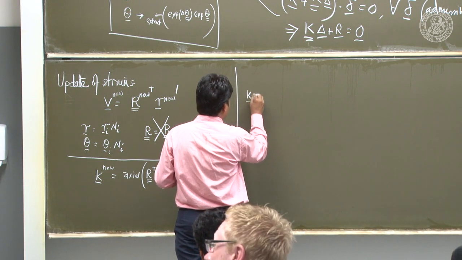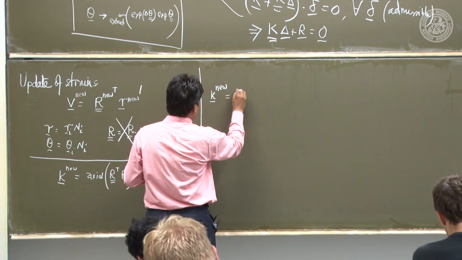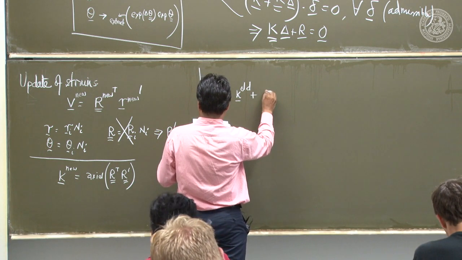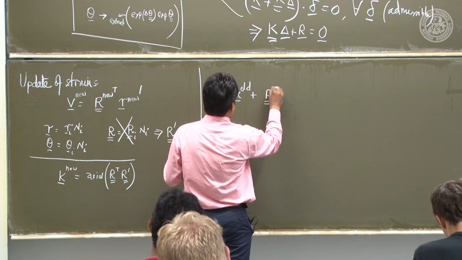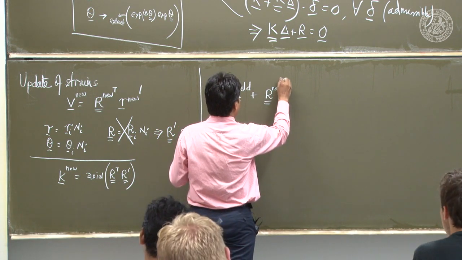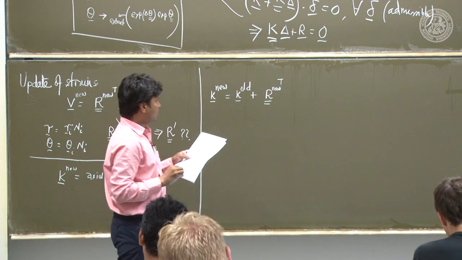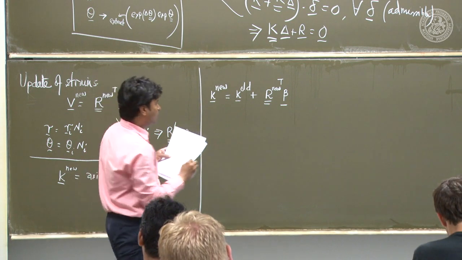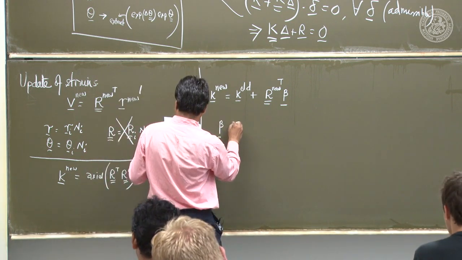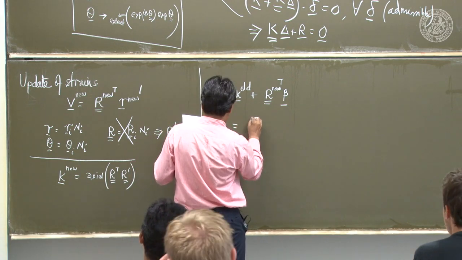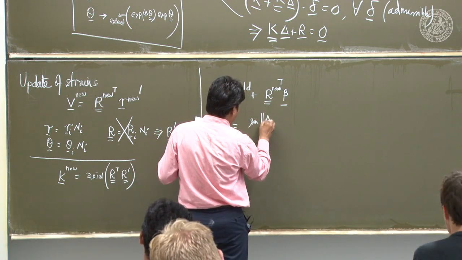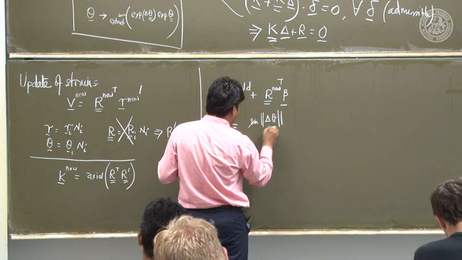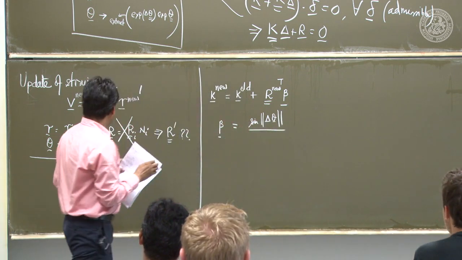The new curvature is simply equal to the old curvature plus the new rotation at the quadrature point transposed, times a vector beta, where this beta is quite messy: sine of the delta theta at the quadrature point.